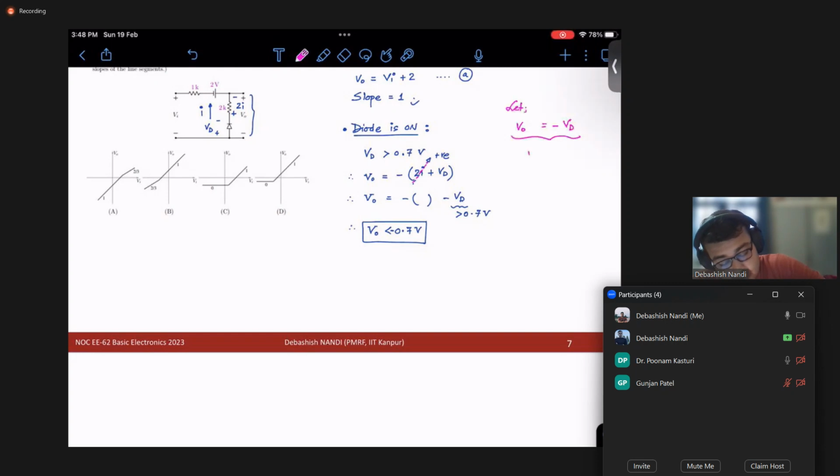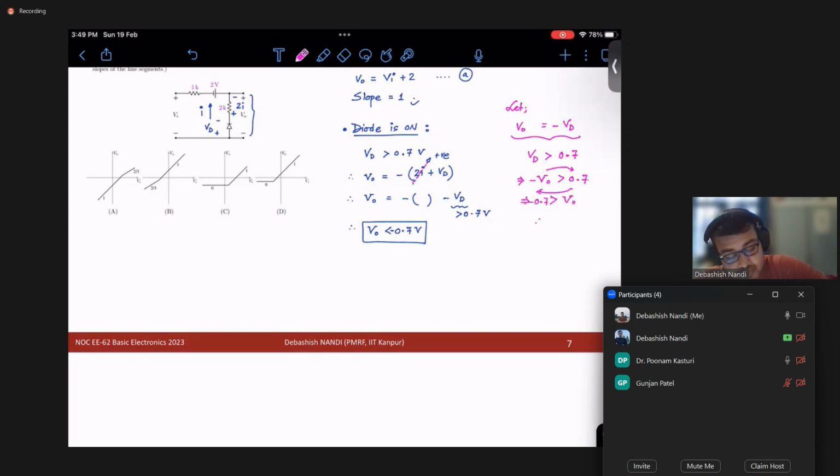If your VD is greater than 0.7, that means your minus of V naught is greater than 0.7. We just flip the signs. This goes to here, this comes here. So this becomes your V naught, this becomes your minus 0.7.